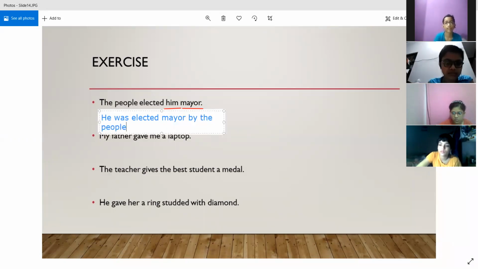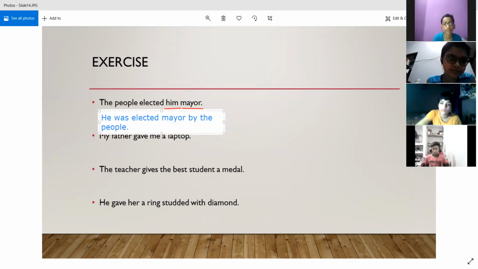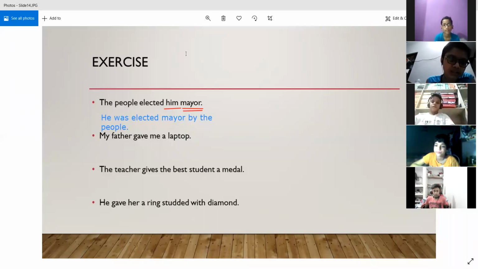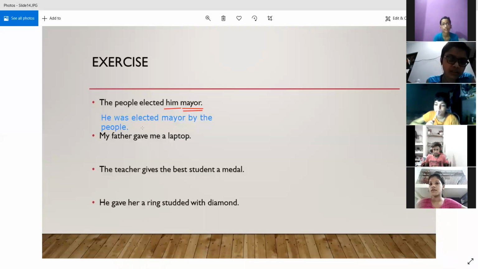That is why I am making you solve with the object complement also, and I have also given you some examples with two objects also, so that the concept gets clearer. So he was elected mayor by the people. Why was elected? Because the sentence is in the simple past, right? So the correct form of the be verb will be was, and elected is the third form of the verb elect.